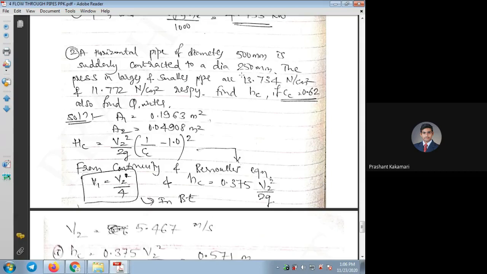Here they are getting V1 as V2 by 4. That value is found from Bernoulli's equation.